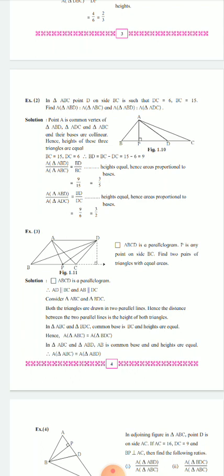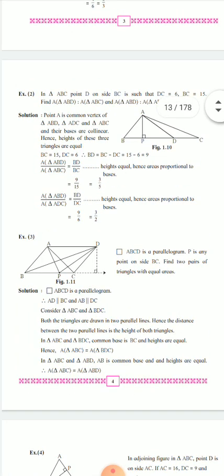Now here you will get two triangles. We will have to consider triangle ABC and triangle BDC. Just carefully observe this diagram. I am going to consider these two triangles, triangle ABC and triangle BDC. Both triangles are drawn between two parallel lines, that is between AB and DC.